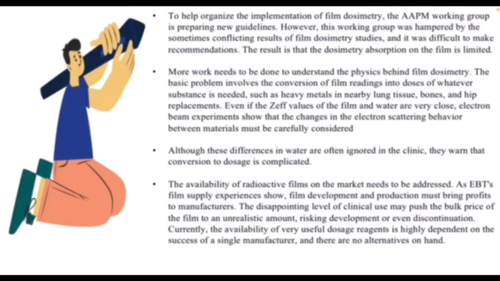But now the availability of radiochromic film on the market needs to be more addressed. As EBT film supply experiences show, film development and production must bring profits to the manufacturers. The disappointing level of clinical use may boost the bulk price of the film to unrealistic amounts, risking development or even discontinuation.